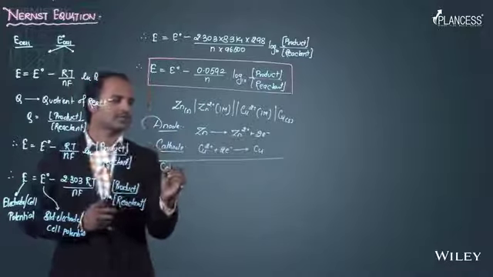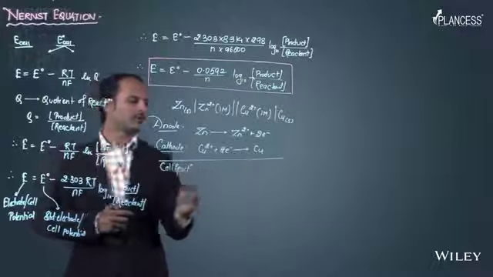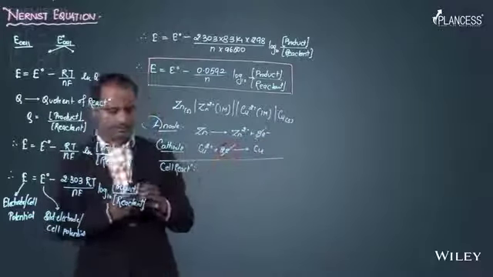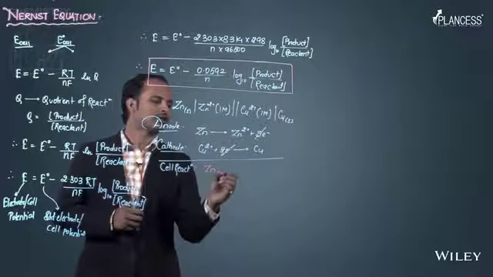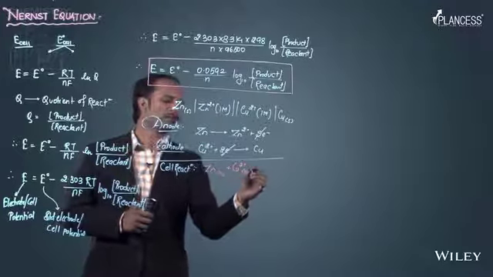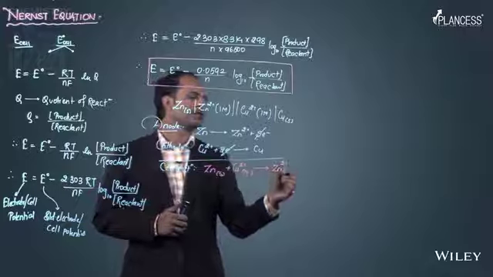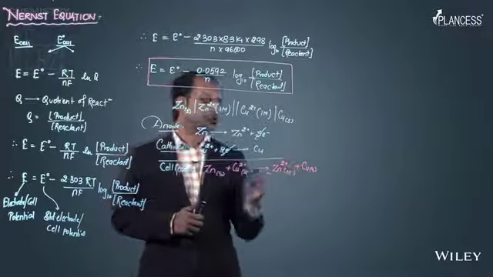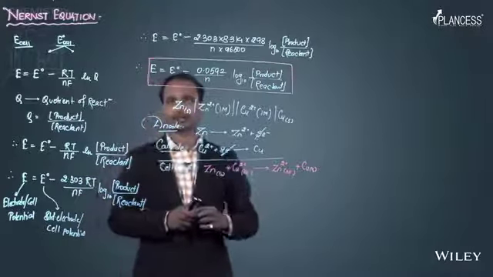For the cell reaction, the electrons get cancelled and we have zinc in solid state plus copper ion, in aqueous state, dissolved in water, which gives zinc ion again in aqueous state, and copper, an electrode, in solid state. So this is the reactant, and this is the product.